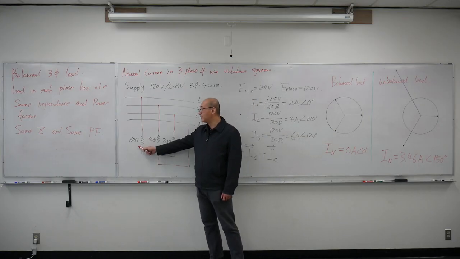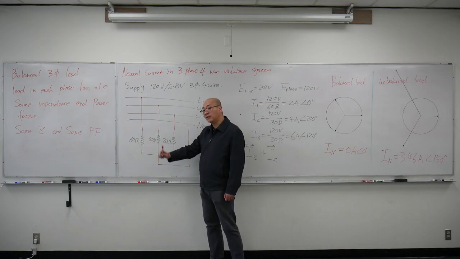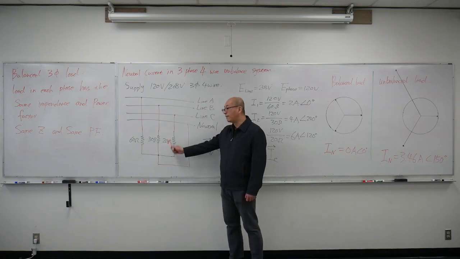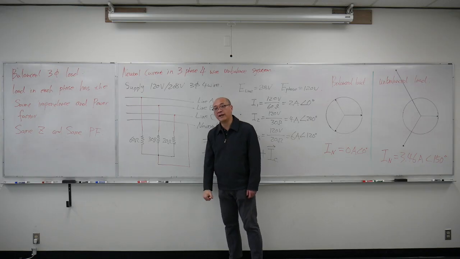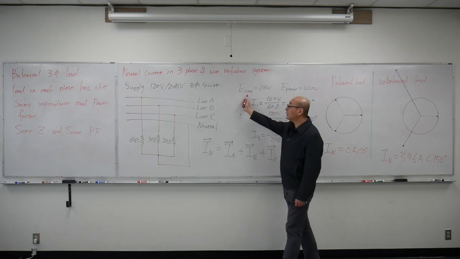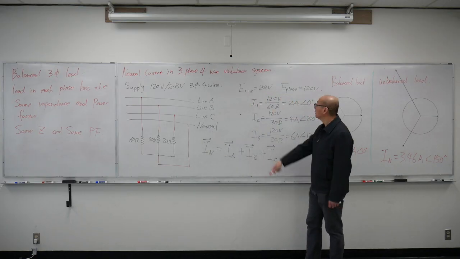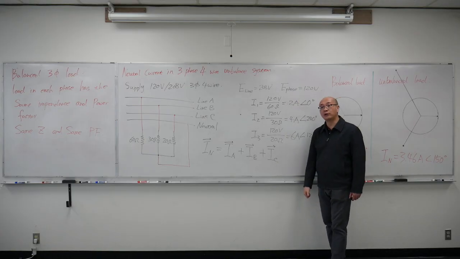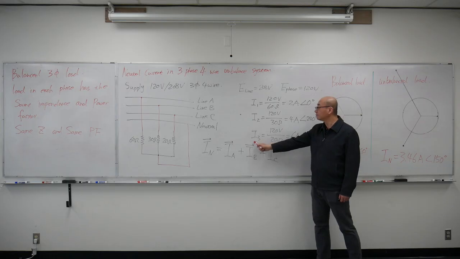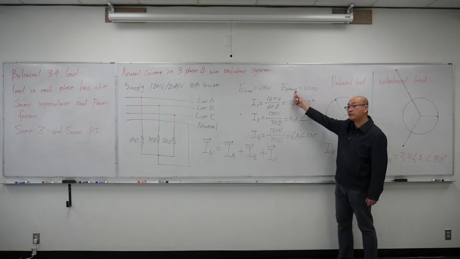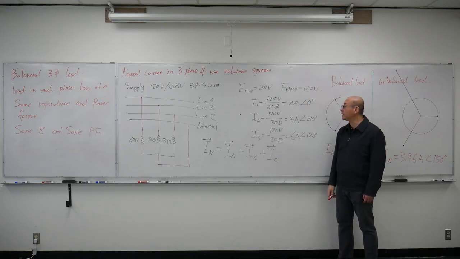So one phase has 60 ohms, another phase has 30 ohms, the third phase has 20 ohms. Supply is 120/208 volt, three-phase. So I know my line voltage is 208 volts, phase voltage is 120 volts. I can calculate each phase current by using the phase voltage divided by the phase resistance.